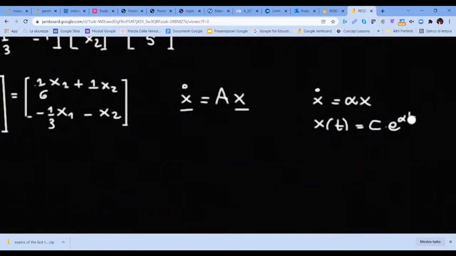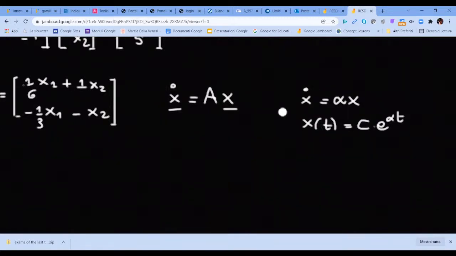Okay, so that means that we have some idea that the solution will be a linear combination of this solution, or maybe something that is in the same form.